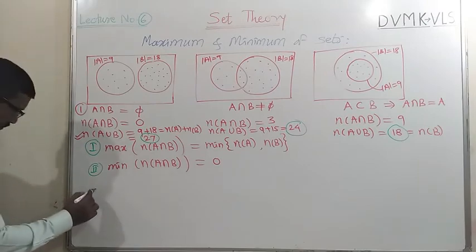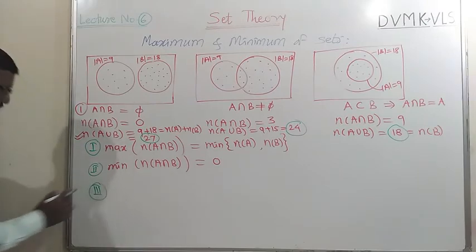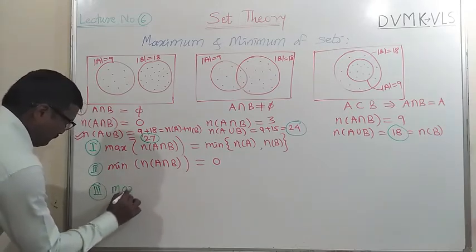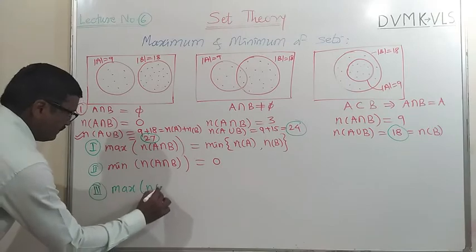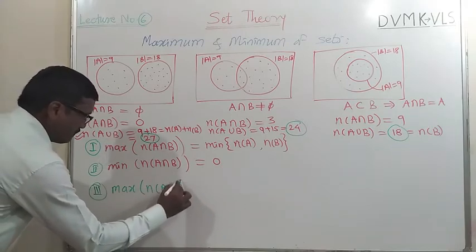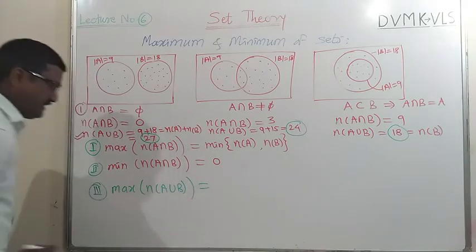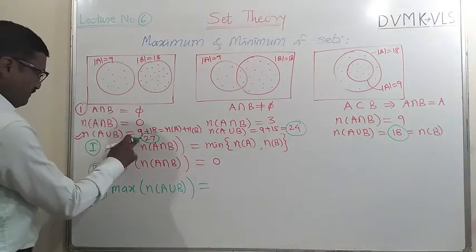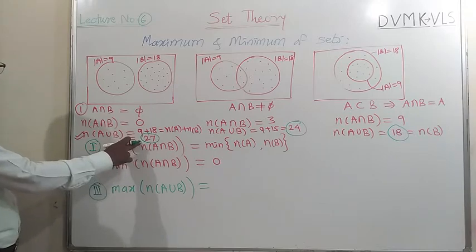Now we will try to find out the result from these three values. If you want to find the maximum number of elements in A union B, then we get the maximum number of elements in these three situations. 27 is the maximum number of elements in union.